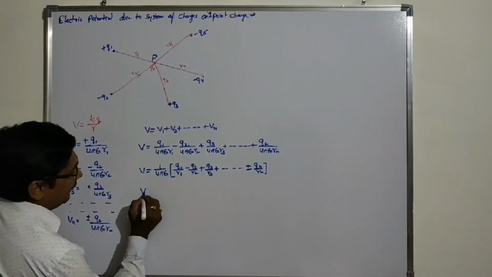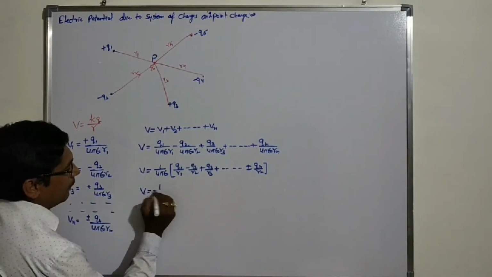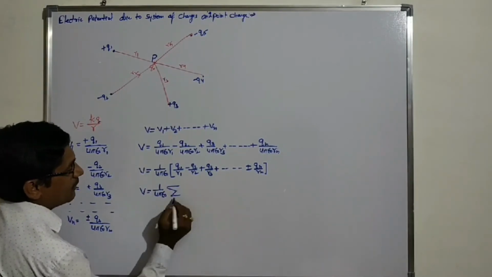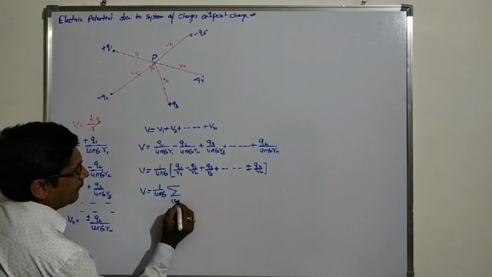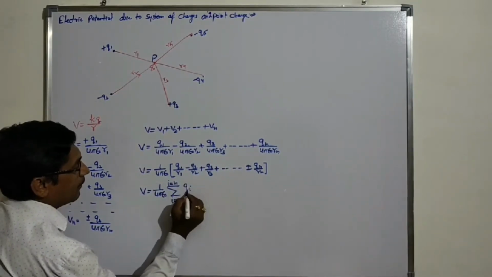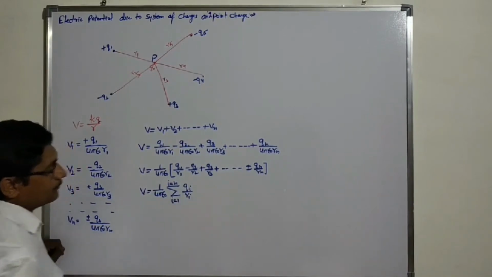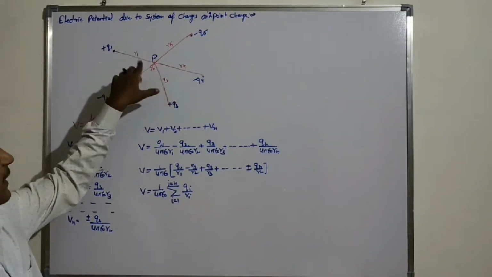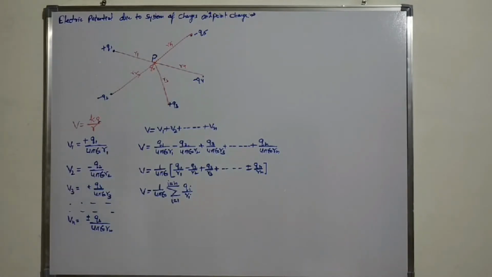This can be written as V equals 1 upon 4 pi epsilon 0 times the summation from i equals 1 to i equals n of Qi upon Ri. The resultant potential may be positive, may be negative. This is the expression of the total potential due to a group of charges at a particular point.